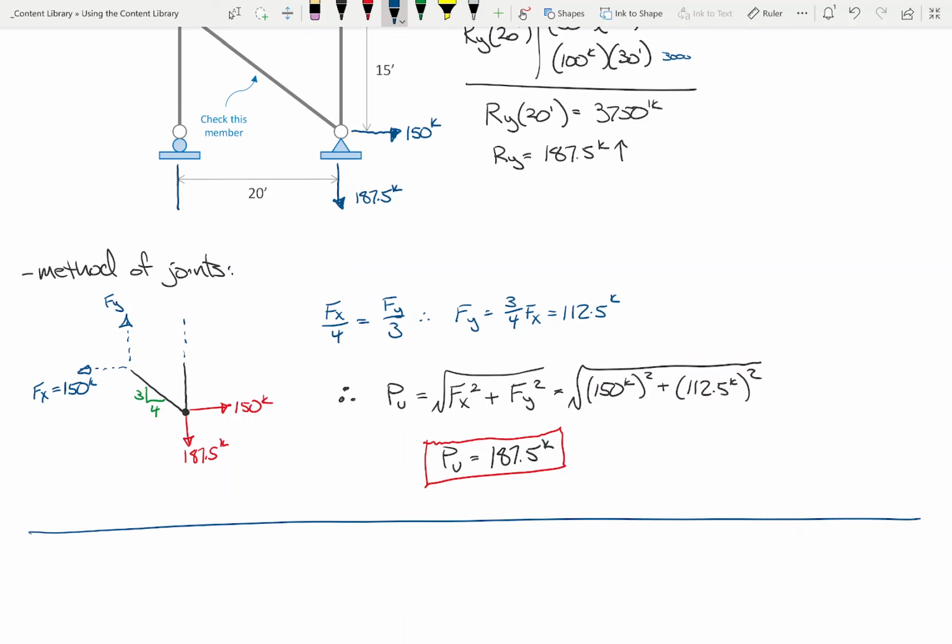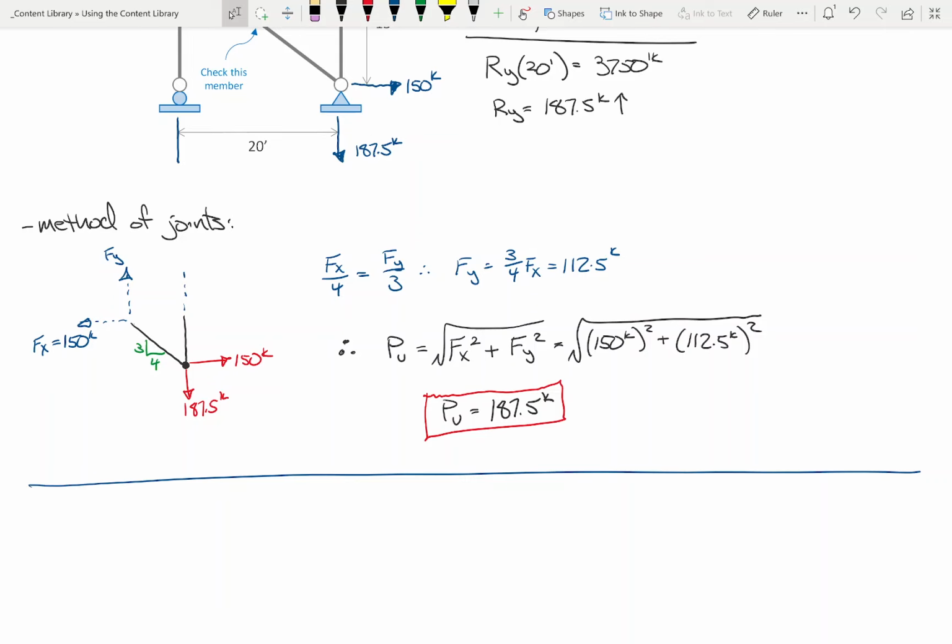So, break out a marker here. So right here, this 187.5, that is the load that this member needs to withstand, okay? So now what we need to do is figure out, can this member withstand it?